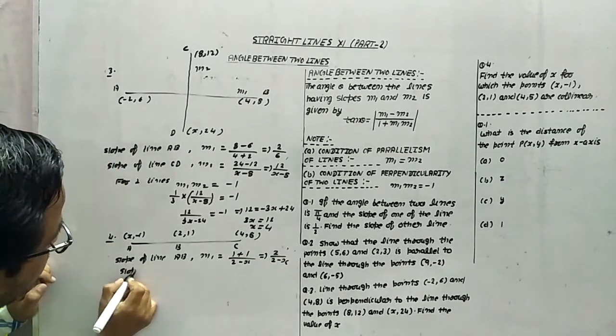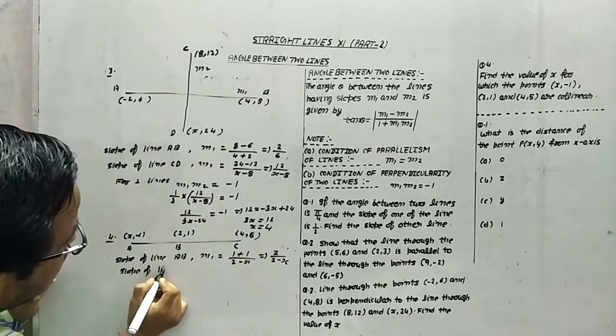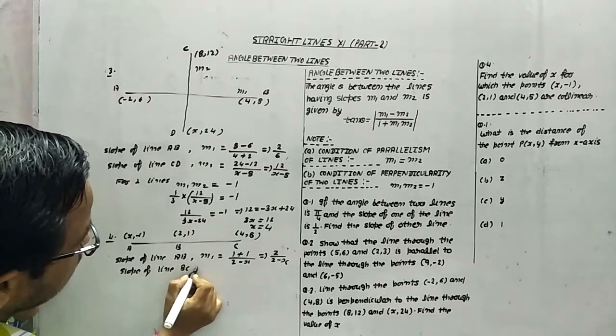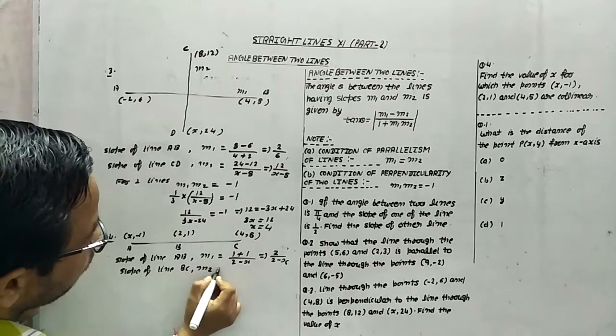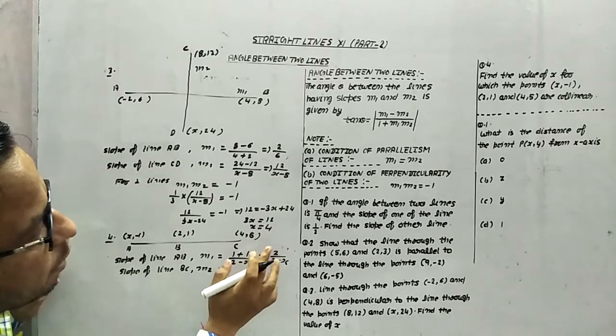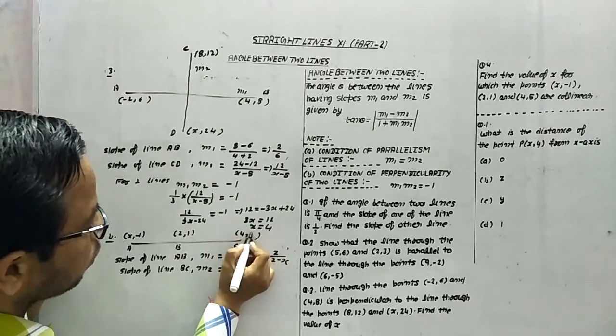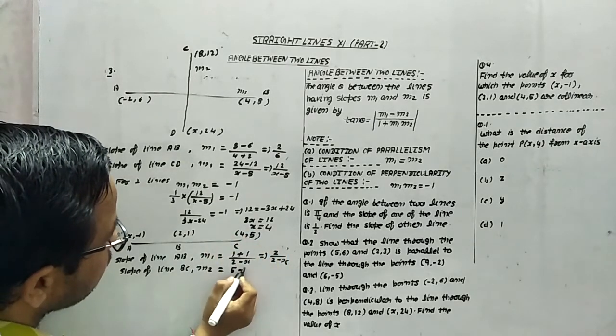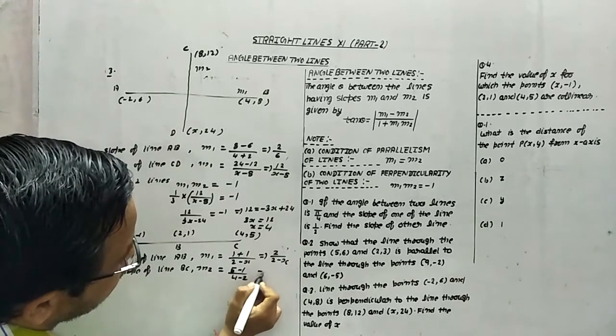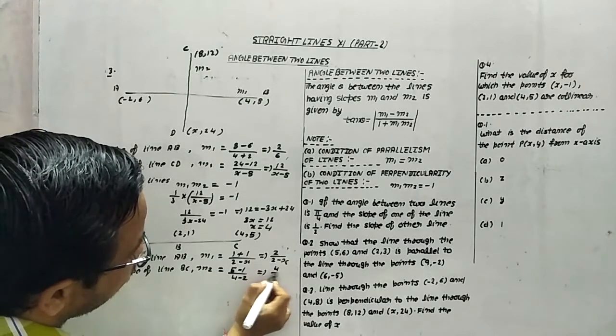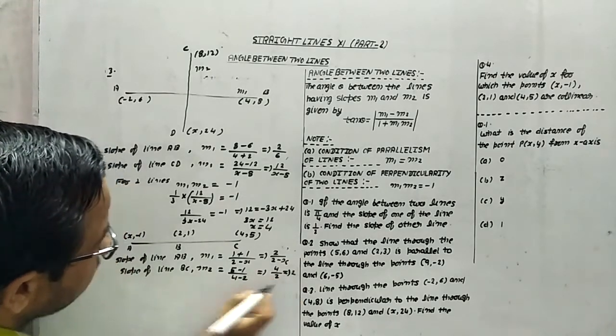And the slope of line BC, let us suppose this is m2. m2 is equal to, with points 4 and 5, (5 minus 1) upon (4 minus 2), which becomes 4 upon 2, so this is 2 only.